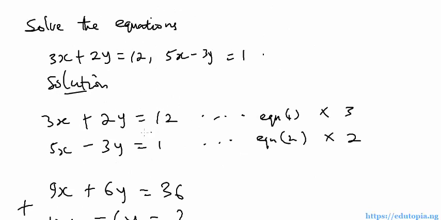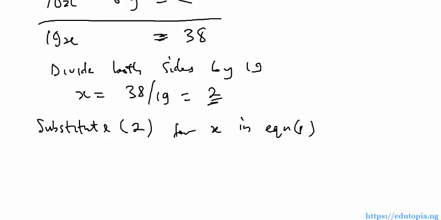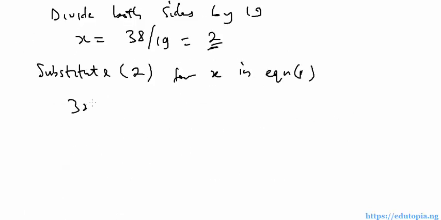Okay, this is our equation 1: 3x plus 2y is equal to 12. So now let's substitute the value of 2 for x.